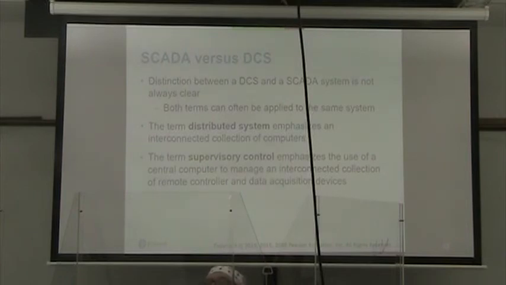So, the difference between a distributed control system and a SCADA system may just be a matter of our terminology. When we say a distributed system, we're emphasizing our interconnected computers.